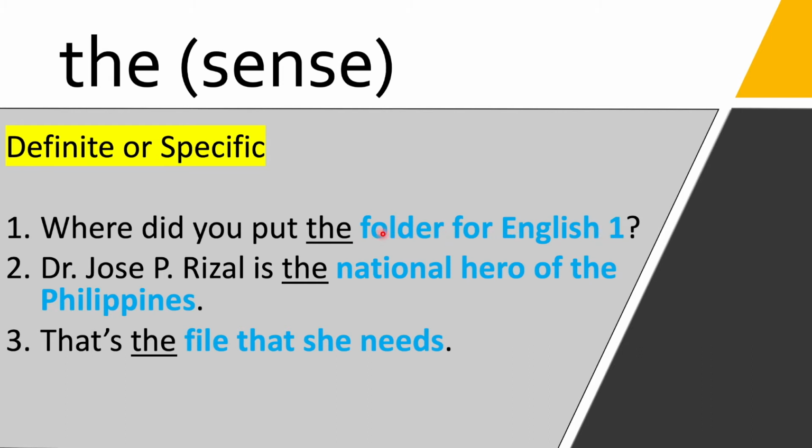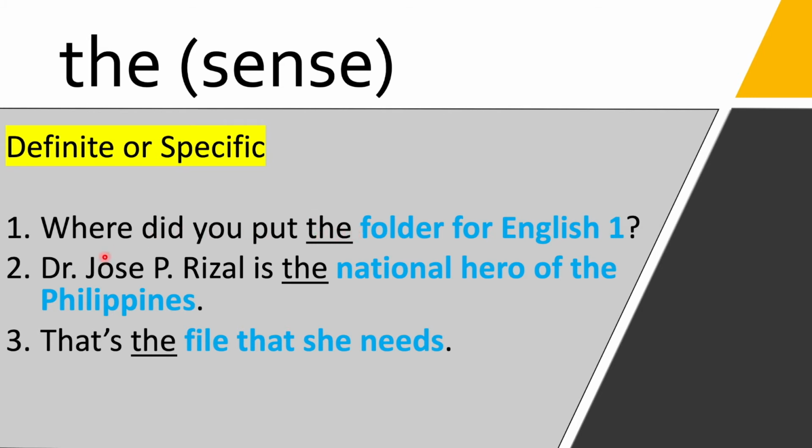Because they provide specific information. It's not any other folder, but that particular folder for English 1. That is why we use "the" instead of saying "where did you put a folder for English 1." No, the right article to use is "the." Because it's definite, it's specific.